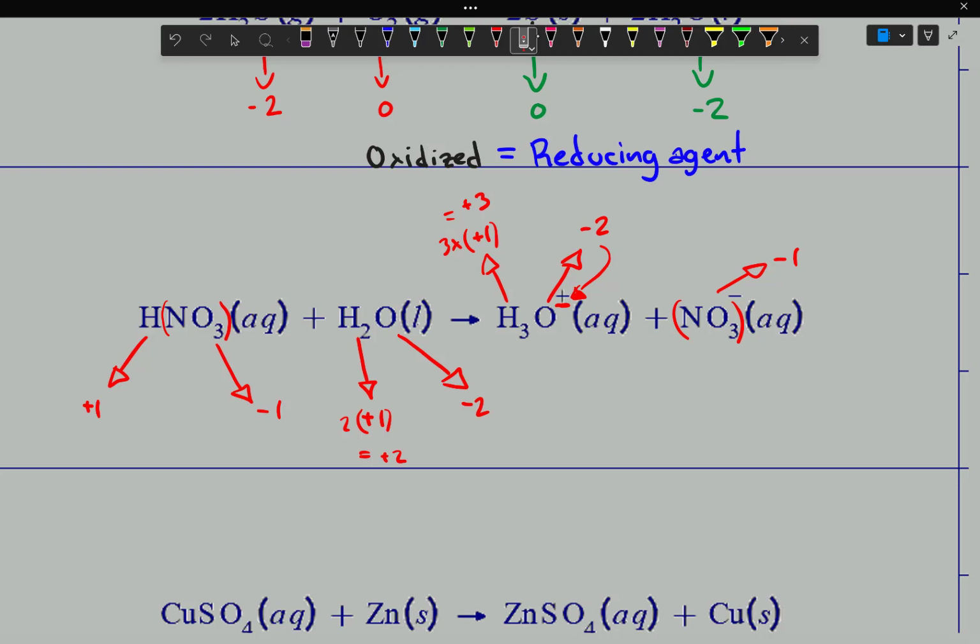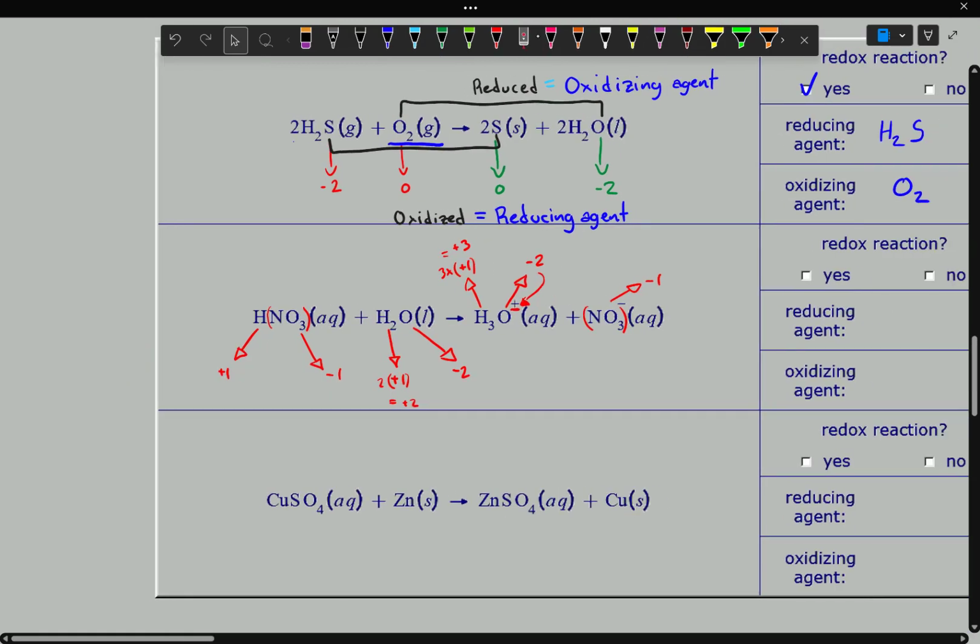So what you'll notice is that the states of each individual element aren't changing in this reaction. Oxygen is -2 here, and it is -2 here. It doesn't change, right? Nitrate is -1 here and -1 here. It doesn't change.